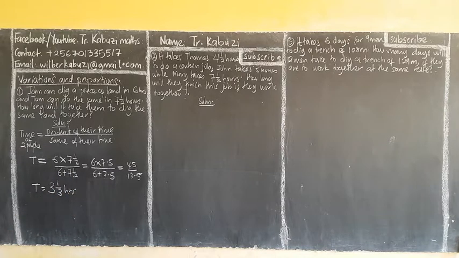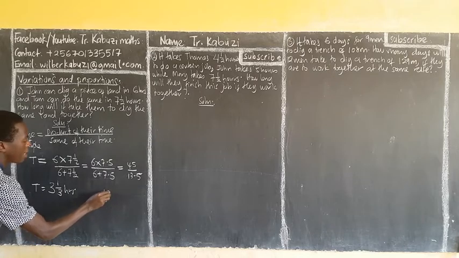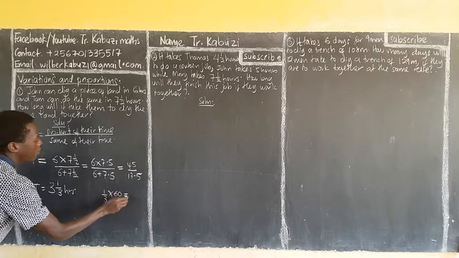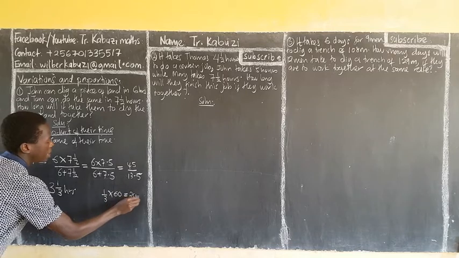Now, how do we convert this to hours? All you do, you just get this times 60 to convert these minutes. So a third times 60, this will be 20 minutes.